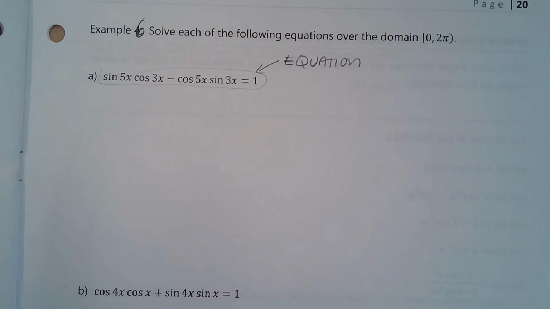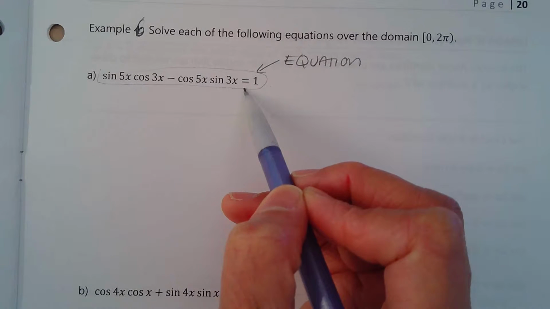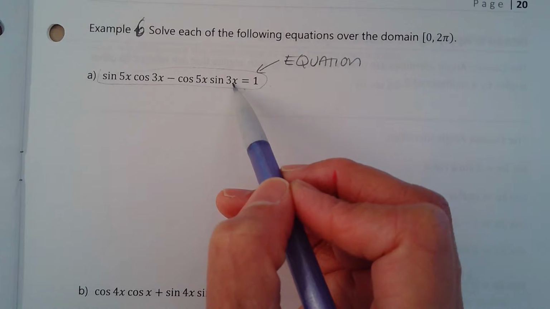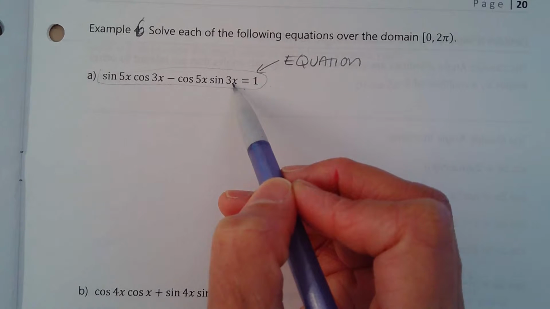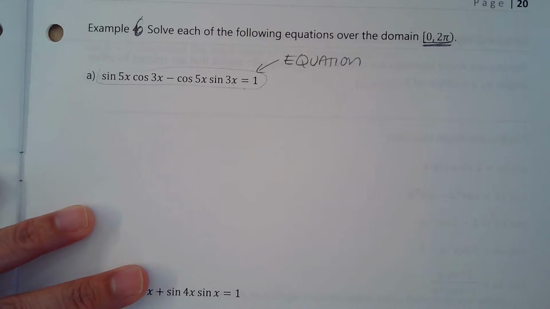What's the difference between an equation and an expression? Because there's already an equal sign in between, right? So we're solving for x. Equation. And then they said the domain is from 0 to 2 pi, not including 2 pi.